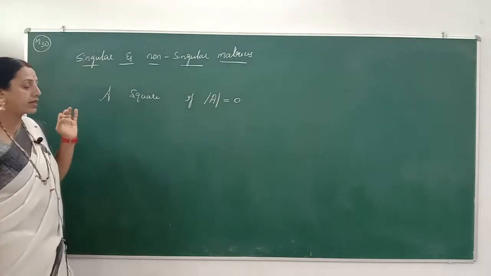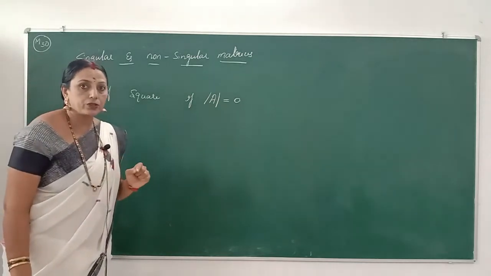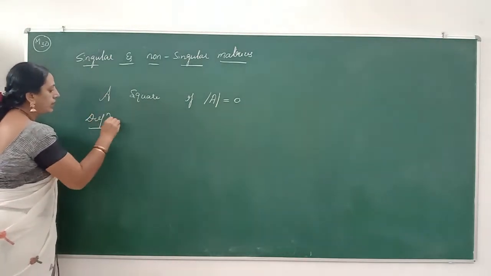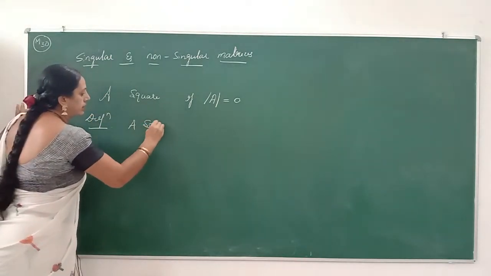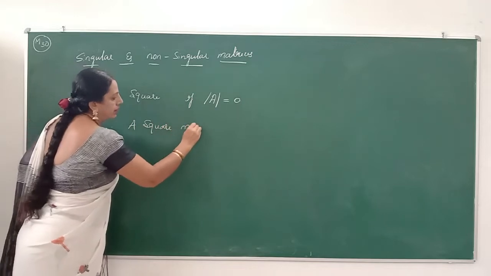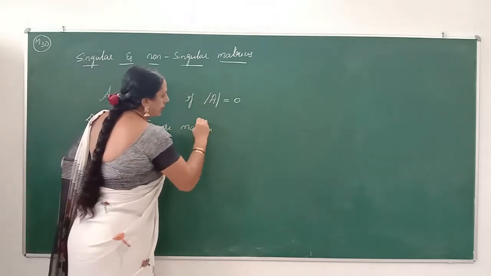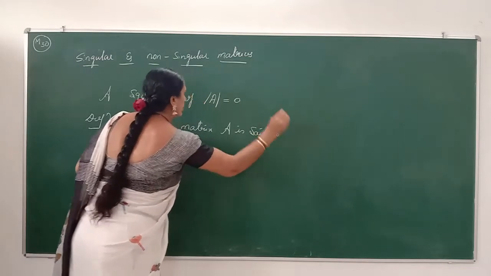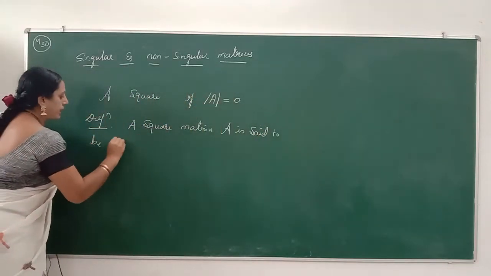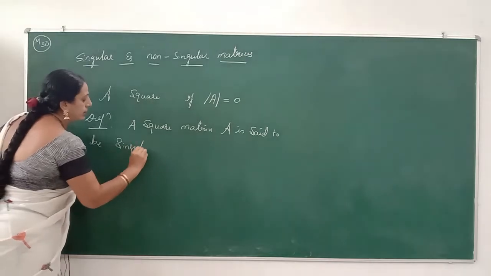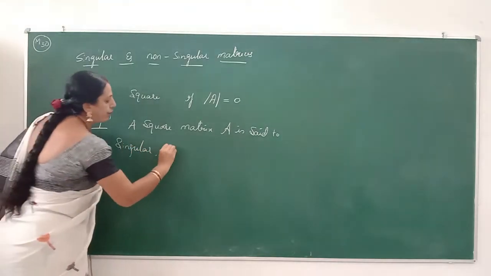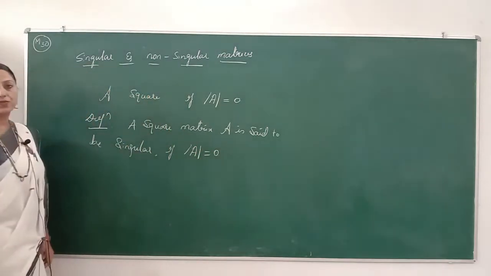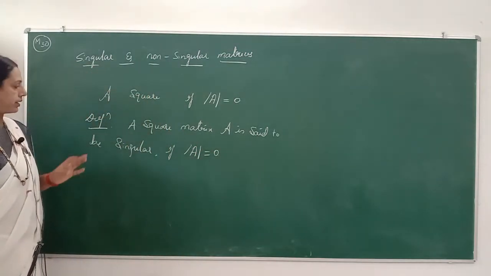A square matrix A is said to be a singular matrix. Definition: a square matrix A is said to be singular if determinant of A is equal to 0. That is the definition of a singular matrix.